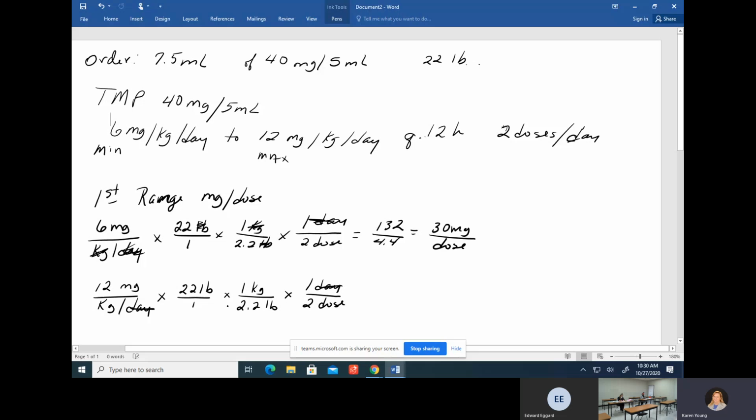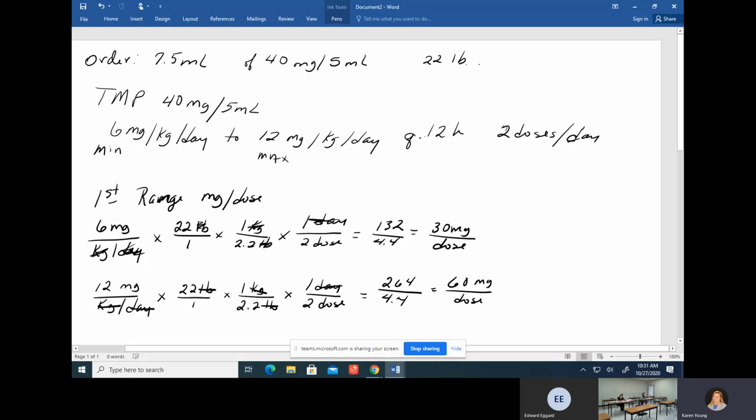Days cancel, pounds cancel, kilograms will cancel. So now I'm taking the 12 times the 22, and I get 264. 2.2 times 2 again is 4.4. And I get 60 milligrams per dose.